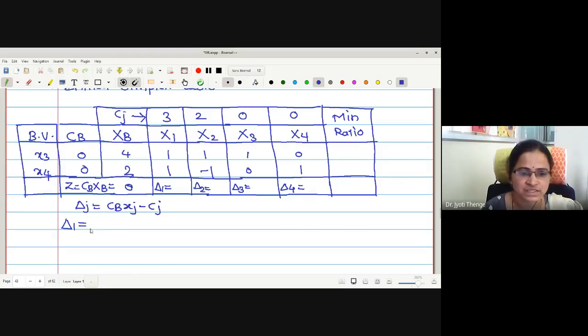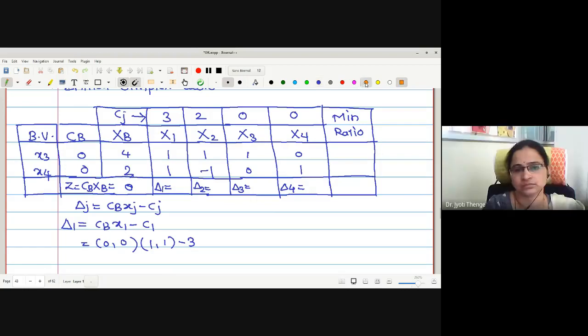Therefore, putting j equal to 1, this is CB x1 minus C1. What is the CB vector? This is 0, 0. What is the x1 vector? 1, 1. Correct? Minus C1. C1 is the coefficient of x1 in the objective function. How much is the value? 3, right?